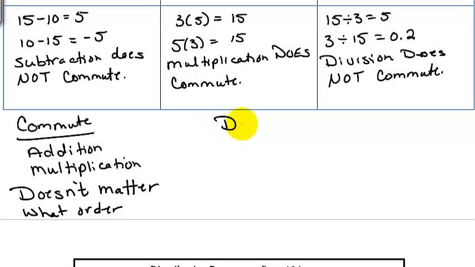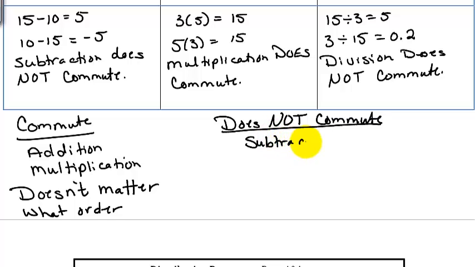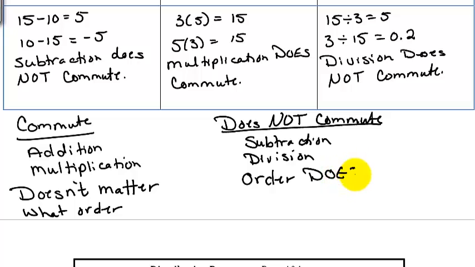And does not commute would be the operations of subtraction and division. And that means that order does matter.